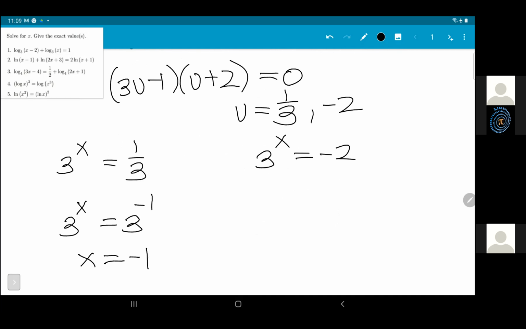Now for this one, there's no solution, since the exponential is always positive. You can never get a negative result when you raise a number to a power. So you don't get any solution from the other case. Okay, so the only answer for this one is negative 1.